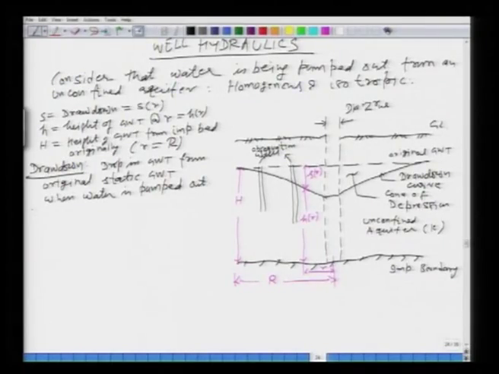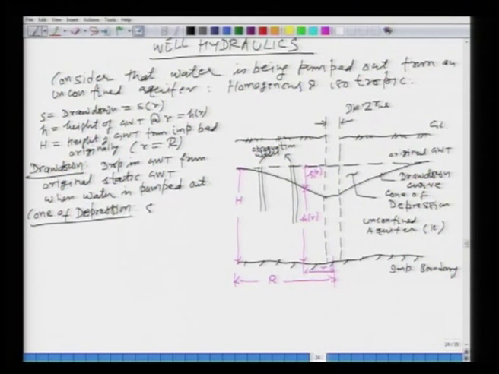The next thing is what is called the cone of depression. Okay. So, if we look at it in 3 dimensions, it will look like a cone, all right.